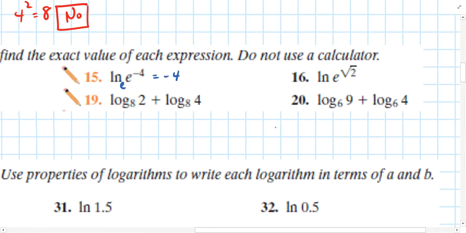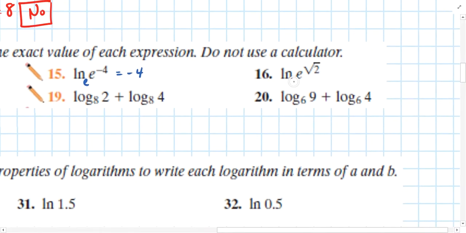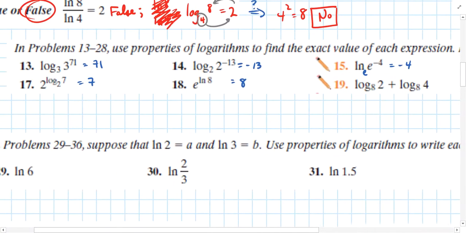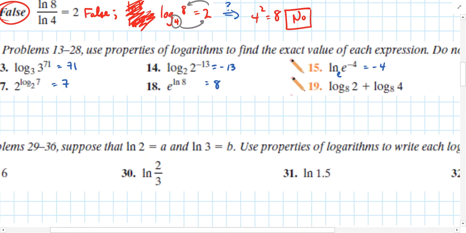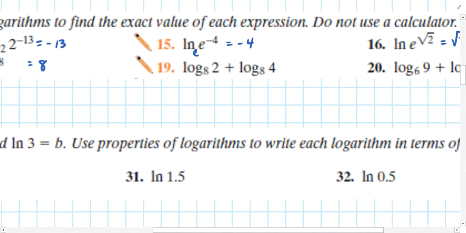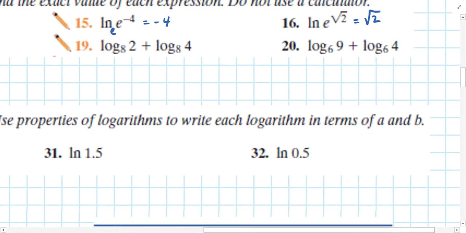I'm going to jump over to number 16. Number 16, again, base of e, so this is going to simplify to the square root of 2. Now, that may seem mundane and mindless to do problems like that, those 6 there, but again, this is our way of stressing the importance of recognizing these formats to problems if we see them in a larger context.